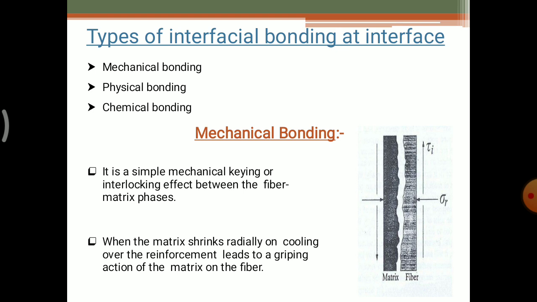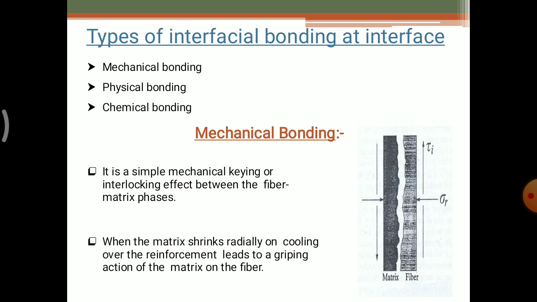In that classification, first one is the mechanical bonding. In the right side picture you can clearly see the layer of the interfacial bonding. Left side one is the matrix and right side one is the reinforcement. Matrix is seen in the dark color, and reinforcement is seen in the pale light color.